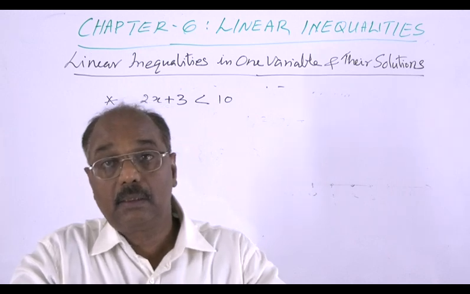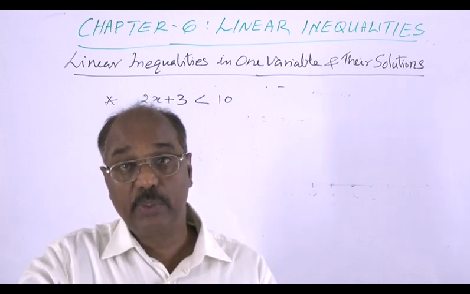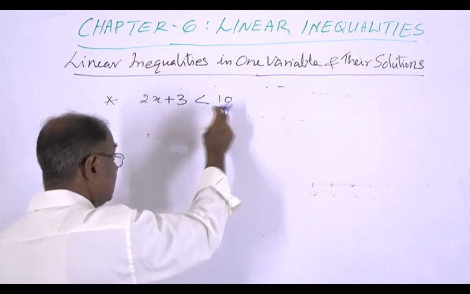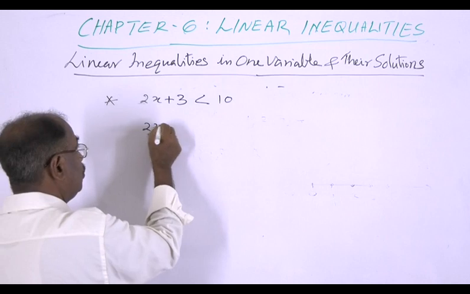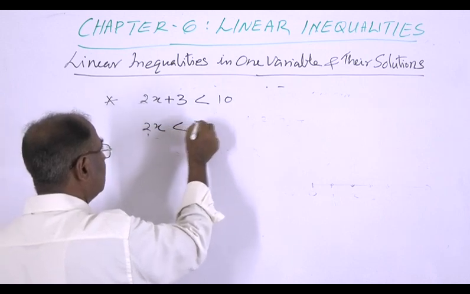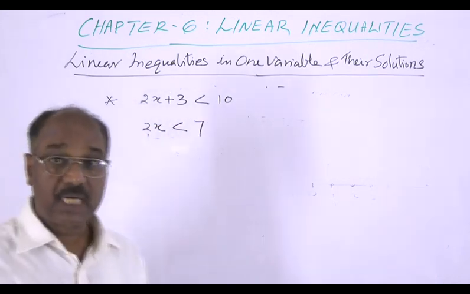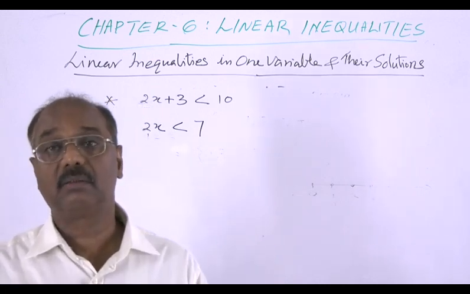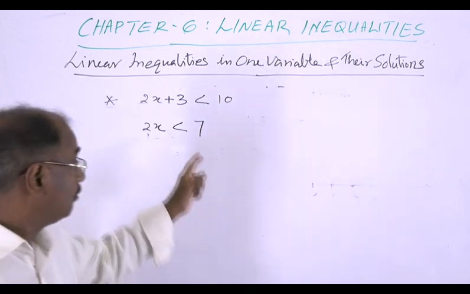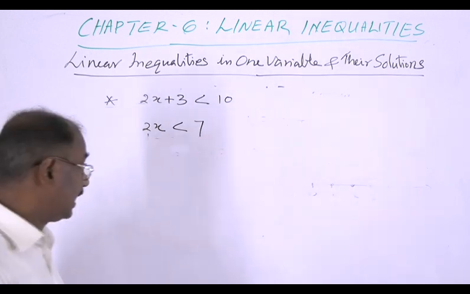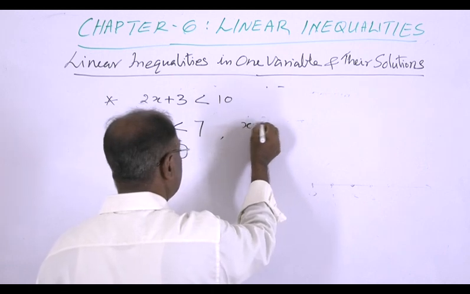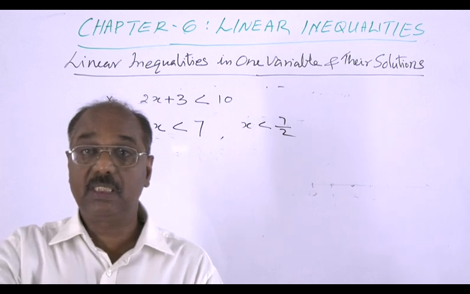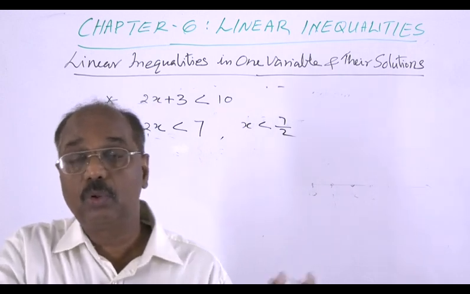To find the solution, from 2x plus 3 less than 10 we get 2x less than 7, subtracting 3 from both sides. Rule 1. Again, from this we get x less than 7 by 2, dividing both sides by the positive number 2.